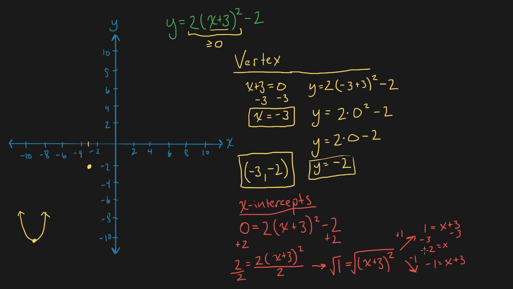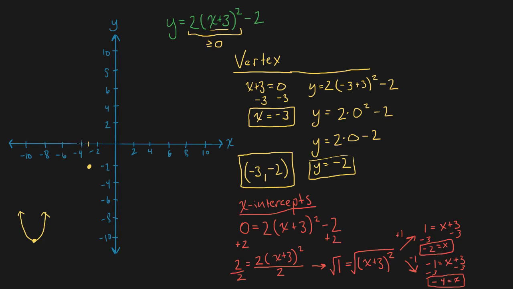So let me write that a little more clearly. -2 is equal to x, and then similarly we subtract 3 from both sides, and that's going to give us -4 is equal to x. Sorry, writing a little bit small and a little bit smushed down here in the corner, but these are my 2 x-intercepts. I have one at -2 and one at -4.